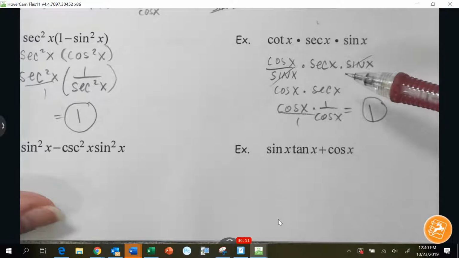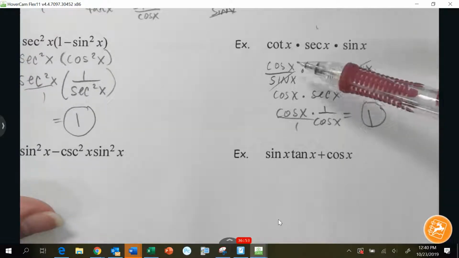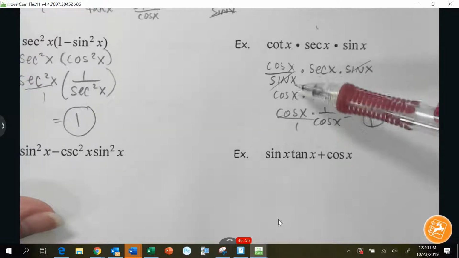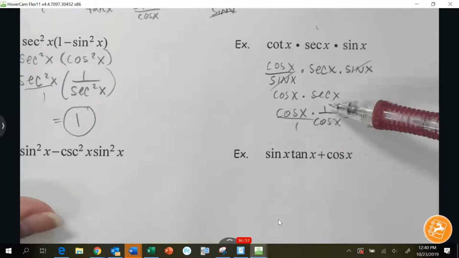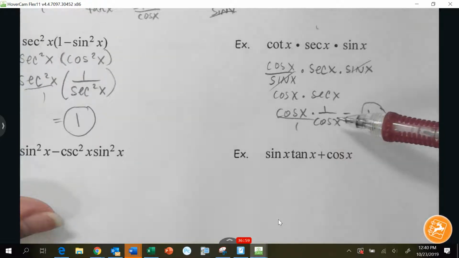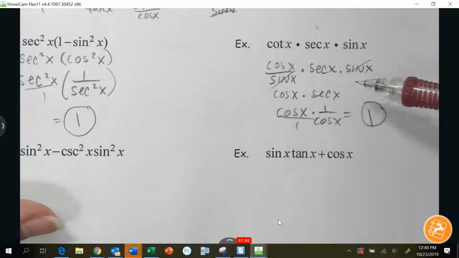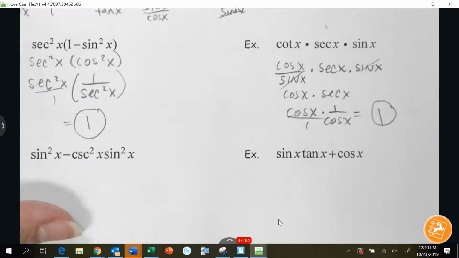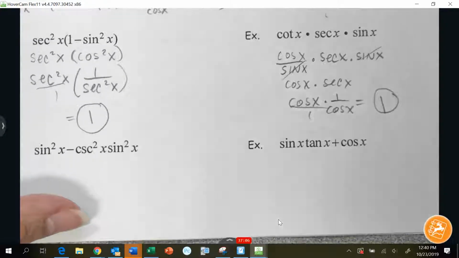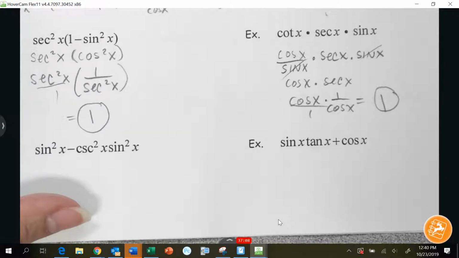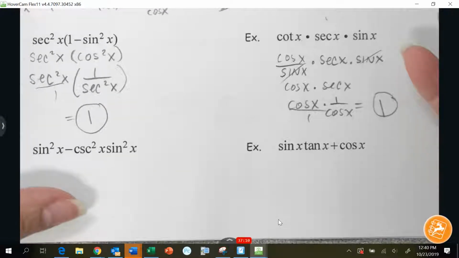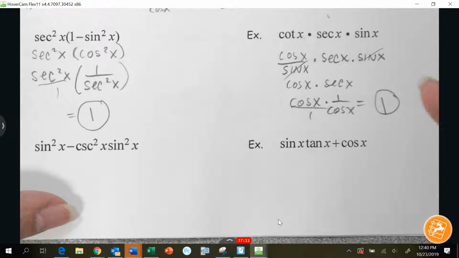For the first one, when she did cosine over sine, that's the quotient, but then over here was the reciprocal. And I could even use the Pythagorean, not for this one, but I could use a Pythagorean in there. Anything that's an identity is substitution. You're allowed to substitute, but you always have to follow math rules.